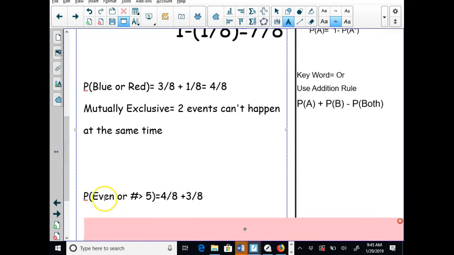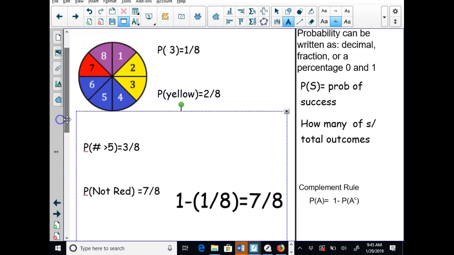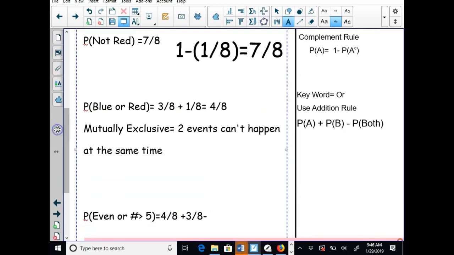Let's go back. I have even numbers, 4 out of 8. I have numbers that are greater than 5, 3 out of 8. Now we need to subtract these both happening at the same time. So even and greater than 5. 6 and 8, there's 2 of them. Minus 2 divided by 8.